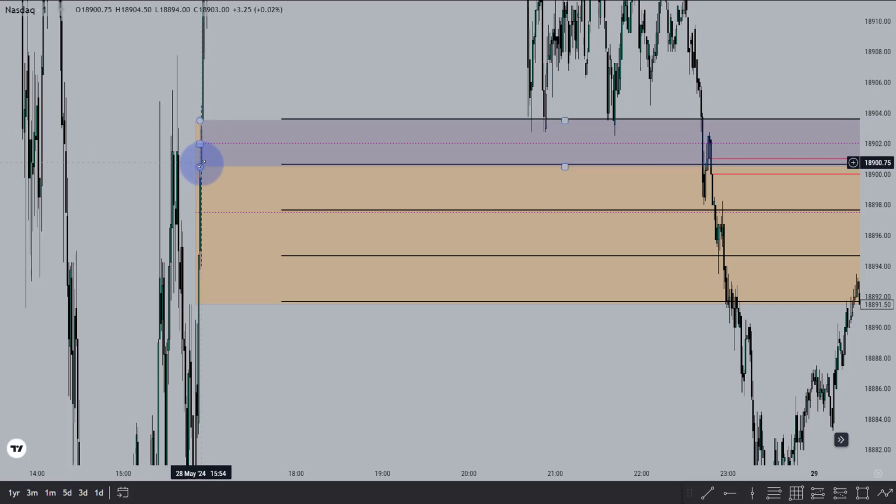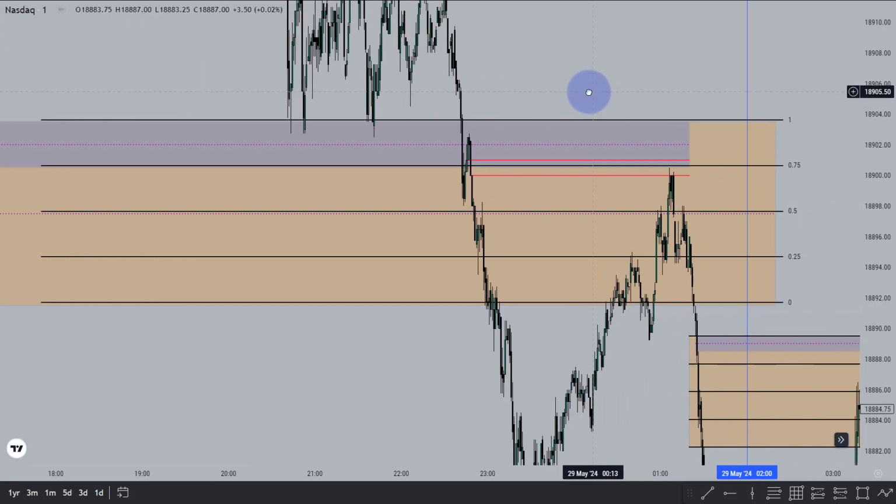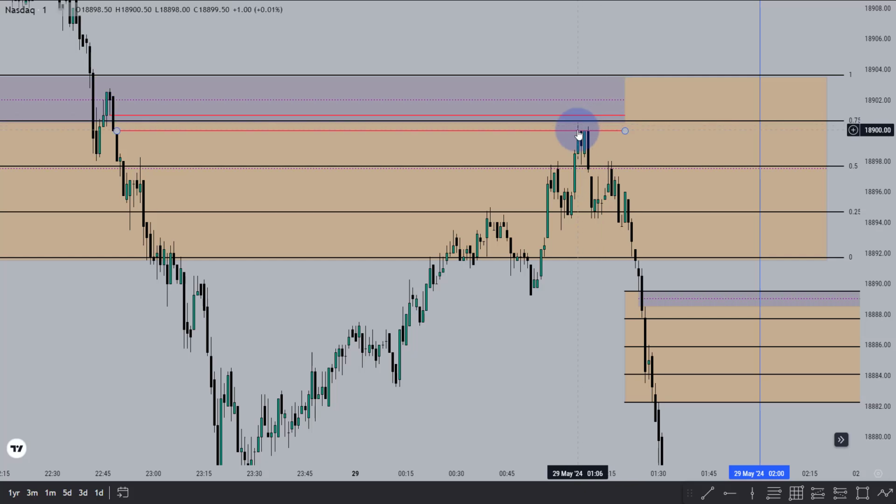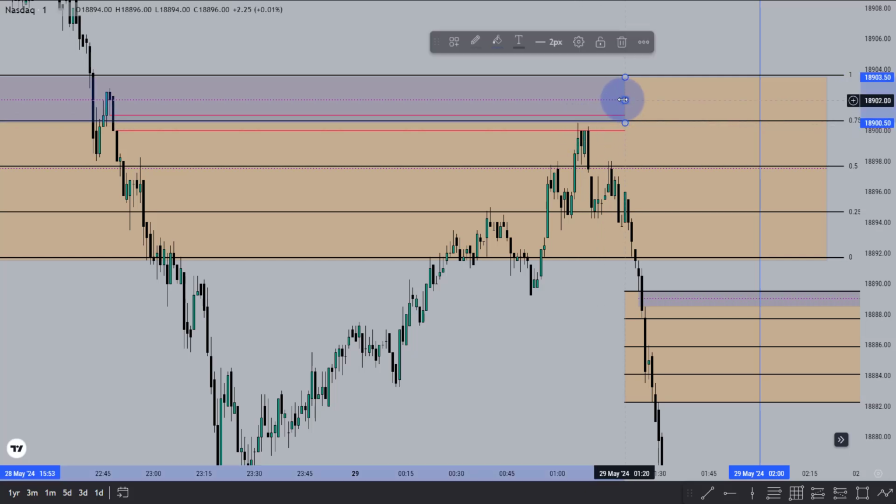This is the highest 1-minute last fair value gap. I just marked that 1-minute inversion last fair value gap inside that 5-minute inversion fair value gap, where the price reached exactly to the low of that 1-minute inversion fair value gap. 1-minute last fair value gap, 1-minute inversion fair value gap, 5-minute inversion fair value gap, constant encroachment.